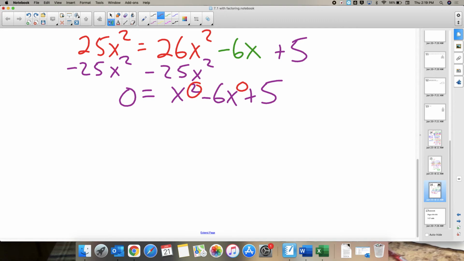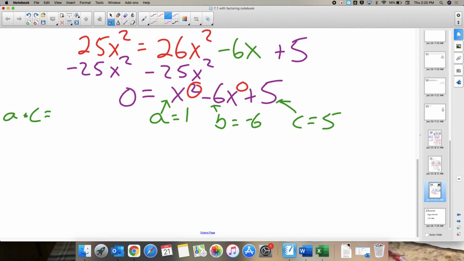So we know what A is, we know what B is, we know what C is. A is 1. B is negative 6. C is a positive 5. So when we do A times C, 1 times 5 is 5.